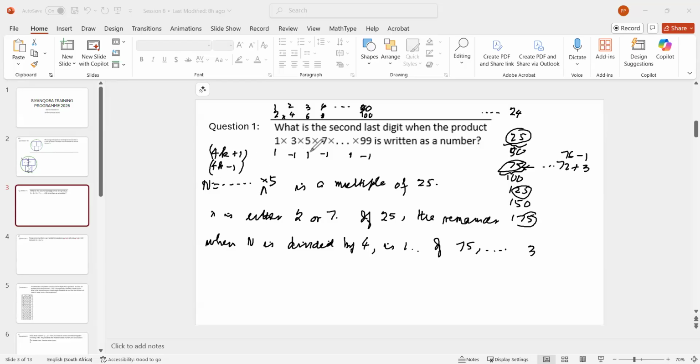We are saying it's a multiple of 4 plus 1 or multiple of 4 minus 1. And when you multiply numbers like this together, you will see it becomes a multiple of 4 minus 1. Only the product here is this. So you've got 4k plus 1 times 4k minus 1.